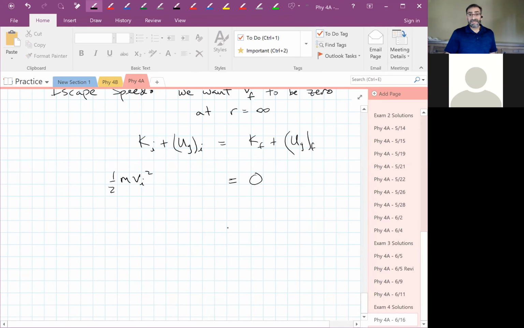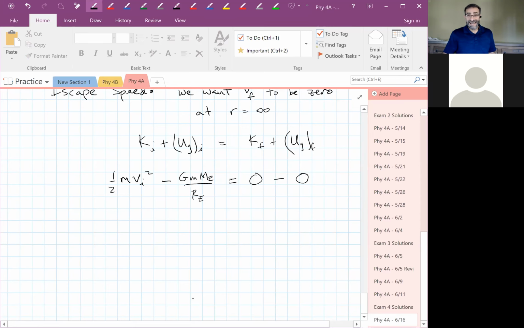Initial gravitational potential energy, don't forget your negative sign: negative G M m Earth over r. We're launching from the surface of the Earth. We are finding the escape speed from the Earth. Final gravitational potential energy, zero.